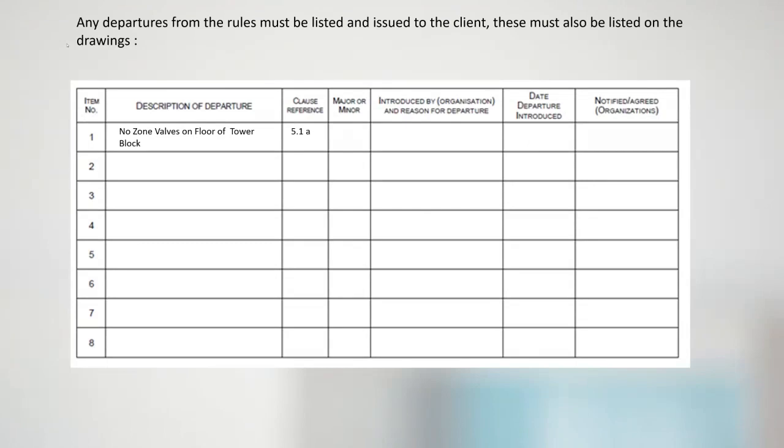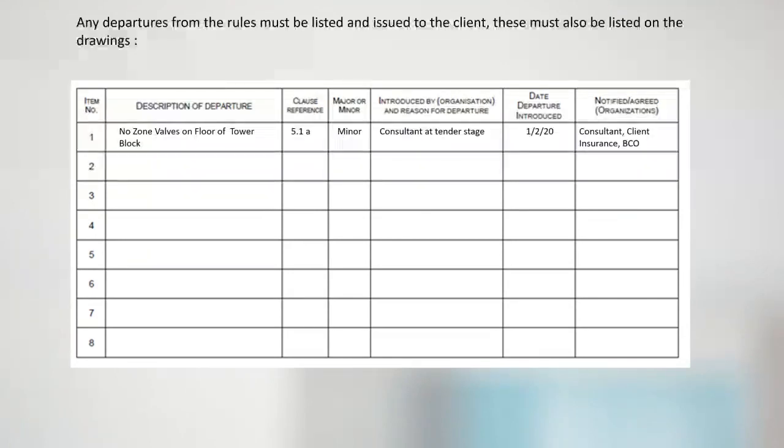Clause reference might be 5.1a. Now, we would consider that a minor because it wouldn't actually affect the operation of the sprinkler system, because the water would still flow to the heads. Introduced by the consultant at tender stage, whoever it is, and that was the date it was introduced. And this is the people who have been advised of it. So the consultant, the client, the insurance, the building control officer, they all have to agree.